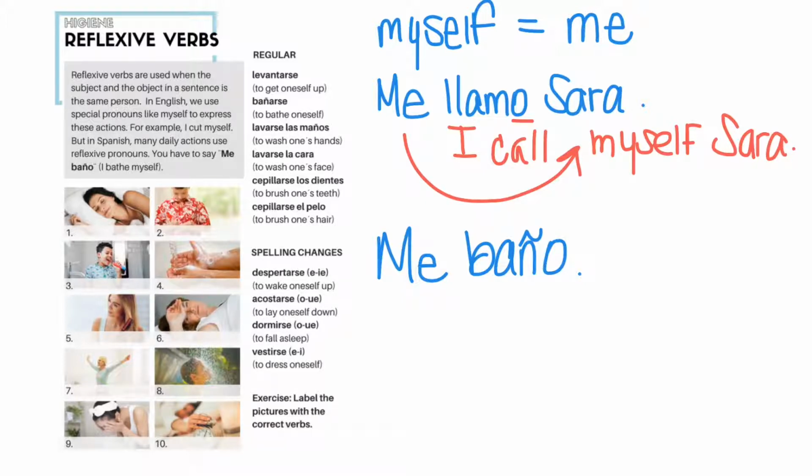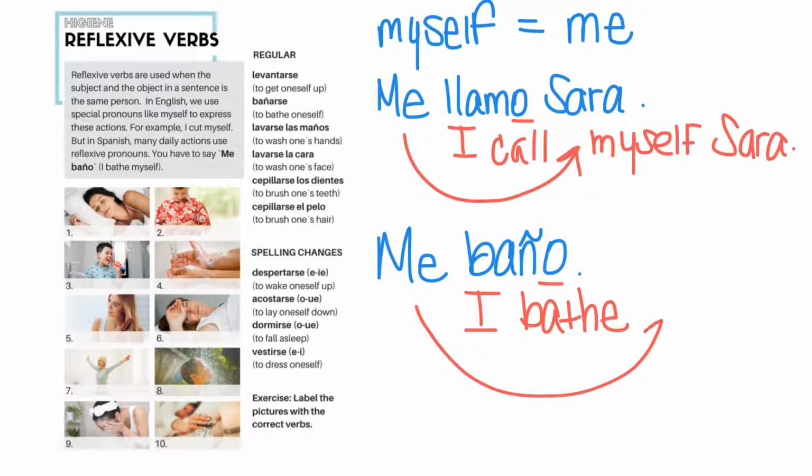If you're bathing someone else, like I often bathe my daughter, I would say it then. And in Spanish, you always have to say who you're bathing. So again, this is conjugated normally. I bathe. And then my reflexive pronoun, myself.